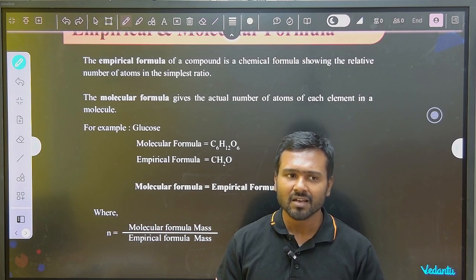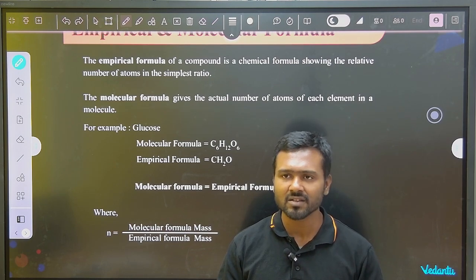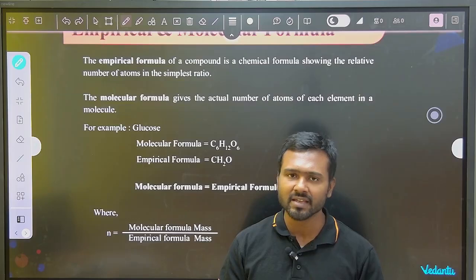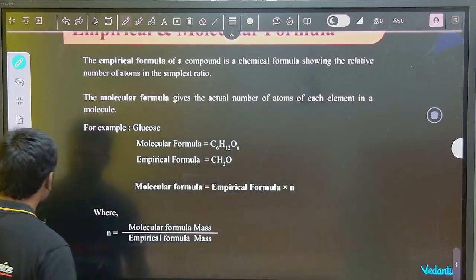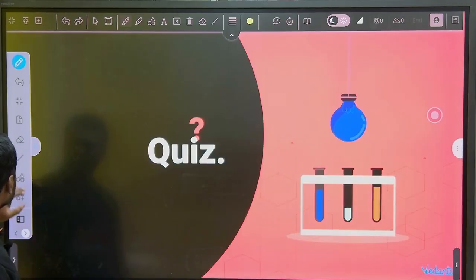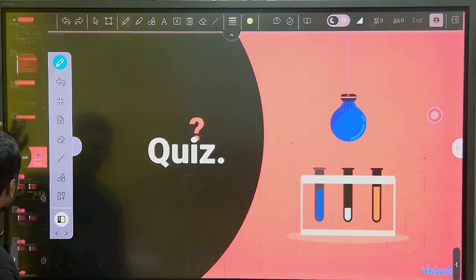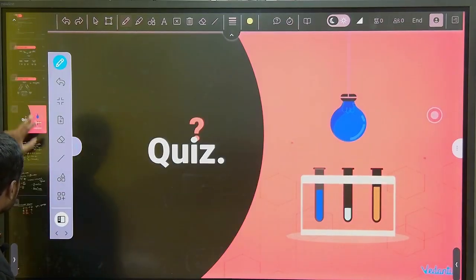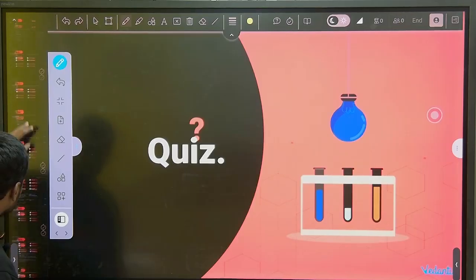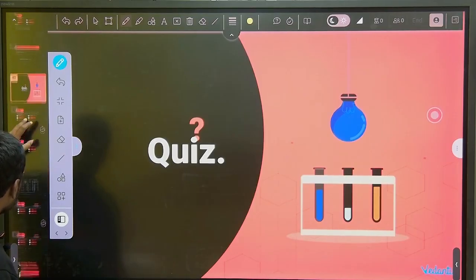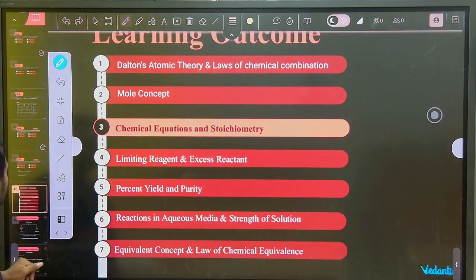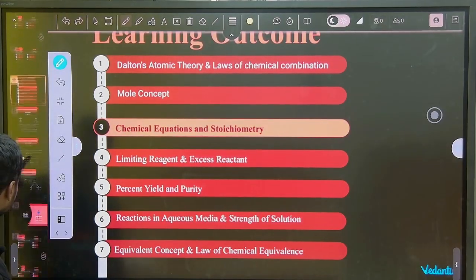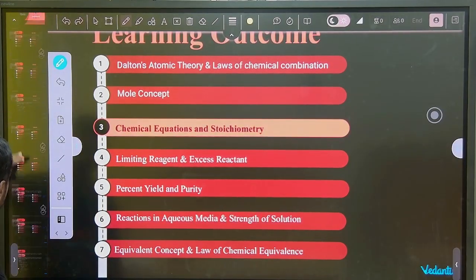Once you remove the fractions, whatever values you get, we take as the empirical formula. This is not that important. Already we discussed this one.